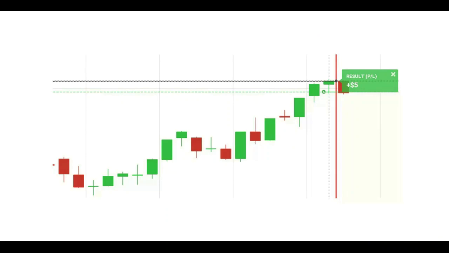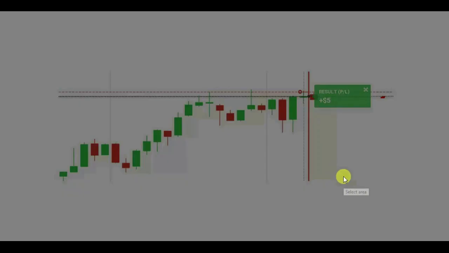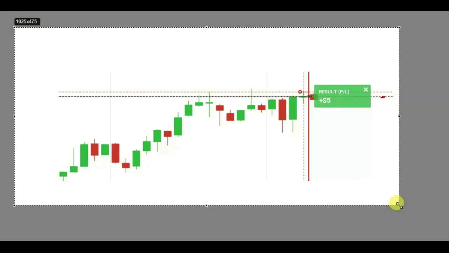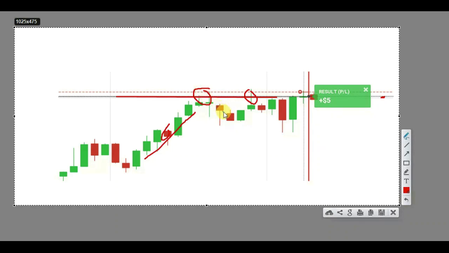So let me show you one more trade here. As you can see, this is also a round number and it's respecting all the times. As soon as it hit, even though this is a momentum, only a single seller. After that also you can see sellers entry.